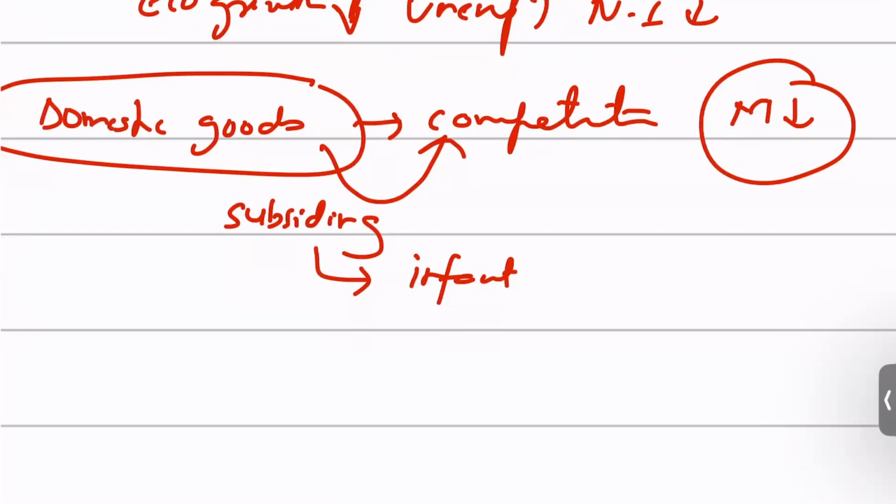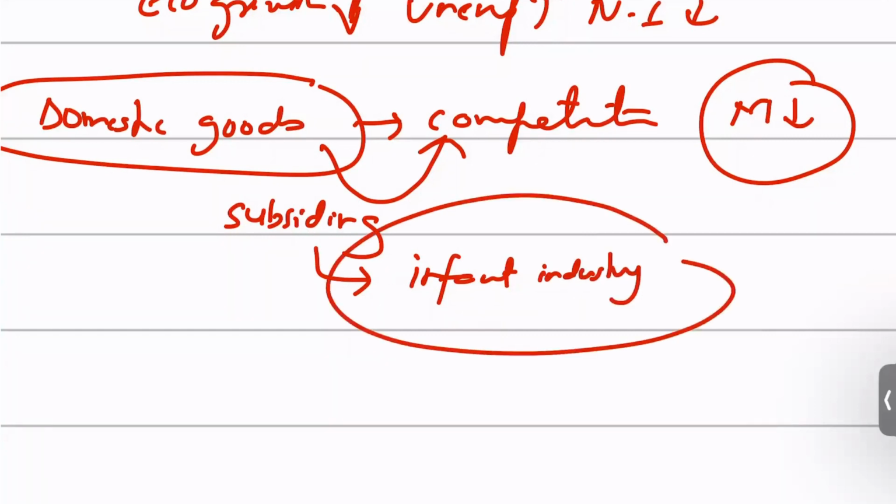So the infant industry of an economy comprises all those firms that are small right now, in their growing phases, with a potential competitive advantage and a good future ahead of them, on the condition that they are being protected by the government or by the state.